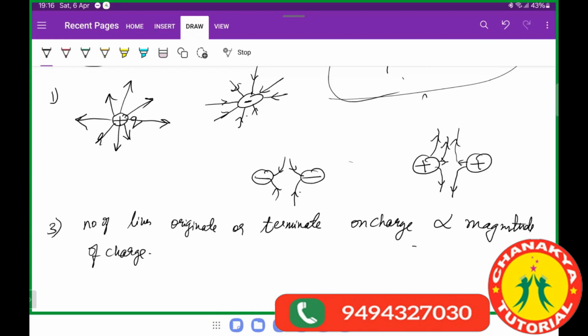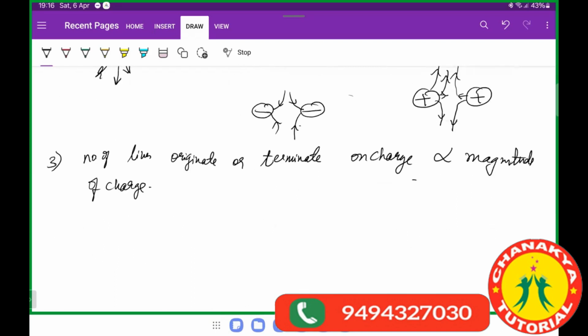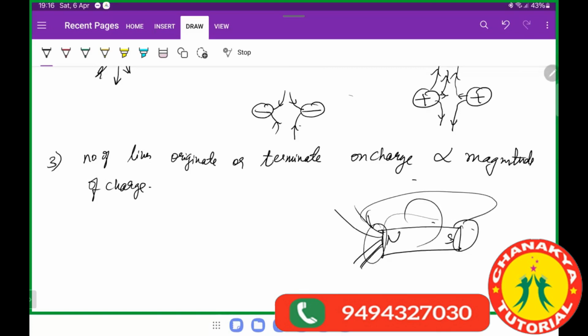Now, what does this statement mean? It means the number of lines which terminate or originate on a charge is directly proportional to the magnitude of charge. So the more the lines, the more the strength. Comparing with a magnet, north and south, at the poles the magnetic field is stronger than at some other point.